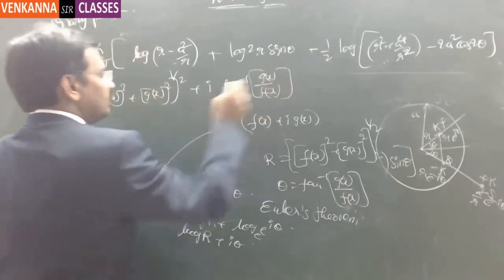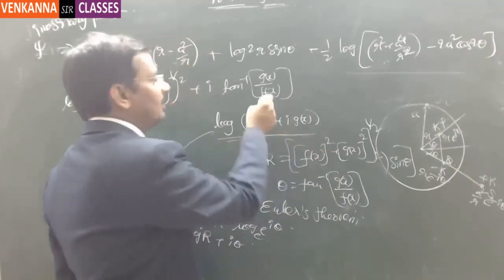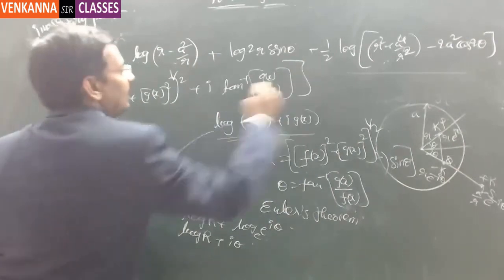So this is how all the parts of the complex potential, whatever we have written in this particular format, are written in this format. Now in front of that there will be one ik by 2 pi.